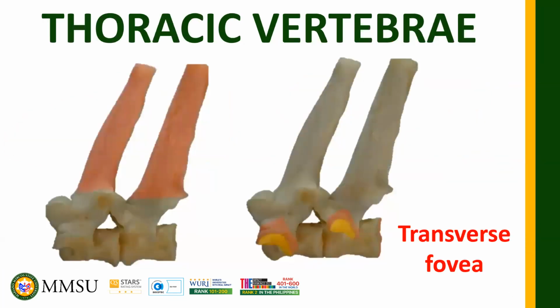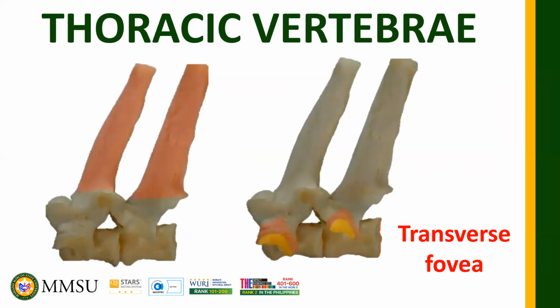Now we have another one, which is the thoracic vertebrae, which is being found in the thoracic region of the vertebral column in the animal. So nakikita natin to, of course, in the chest area of the vertebral column. So between the cervical vertebrae, or which is the neck region, and the lumbar vertebrae, which is on the lower back region.